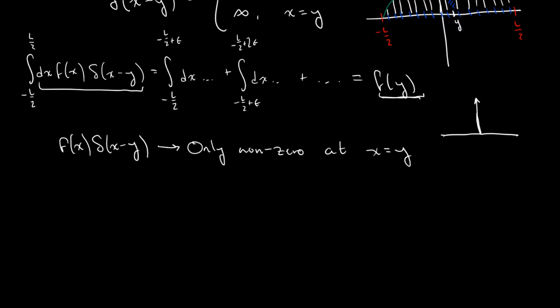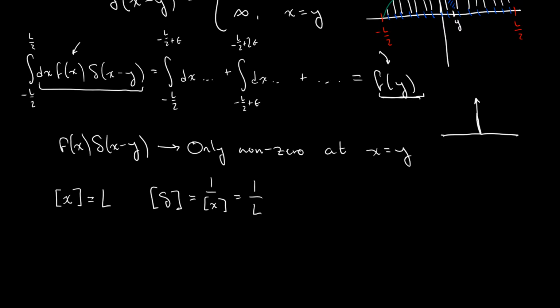Another thing to notice is that the delta function actually has units. In this case, say x has dimensions of length. For the dimensions to match on the left-hand side, f is going to have the same dimensions over here as over here, and that means that the dimensions of the delta function have to be 1 over the dimensions of x.